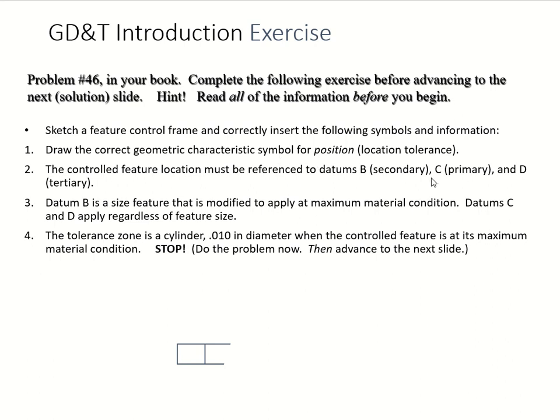And you have your datums B, C, D, and your datum B is a size feature. You have a modifier because it's set in maximum material condition. Your datums C and D apply regardless of feature size, so with a little S in a circle or without it, you can write it without. Tolerance zone given to you is 0.010, and you read it. So now you get a hold of what to put in here.